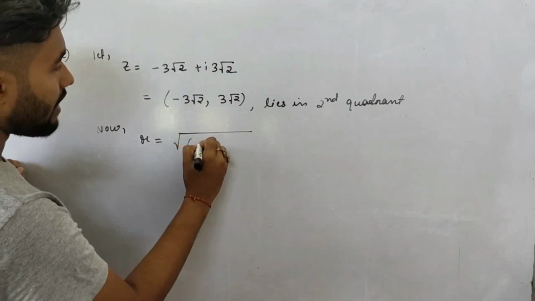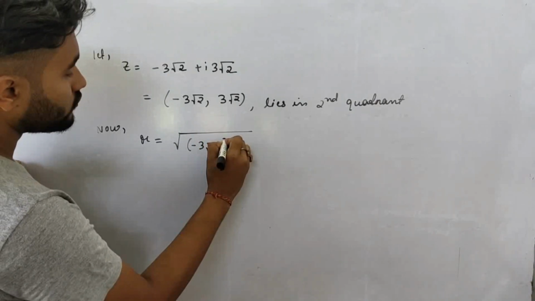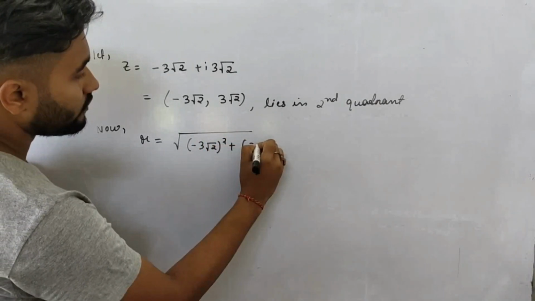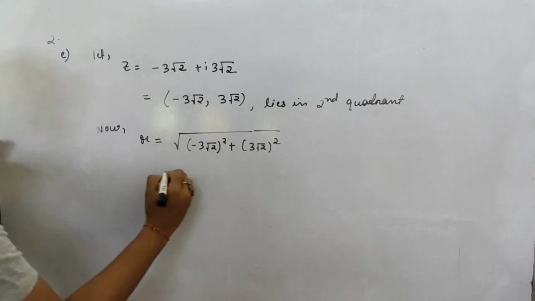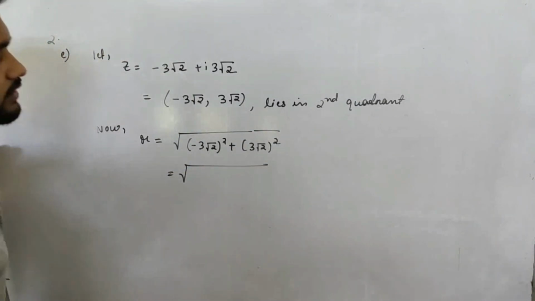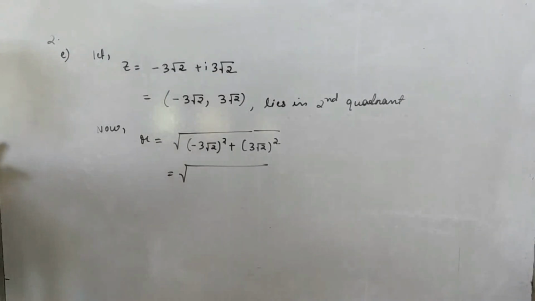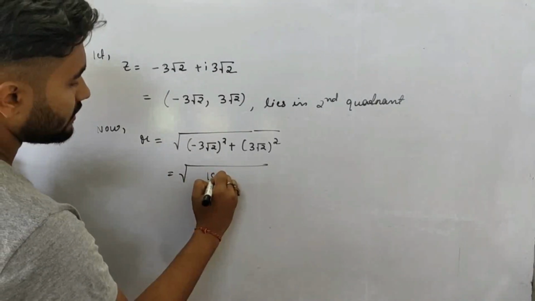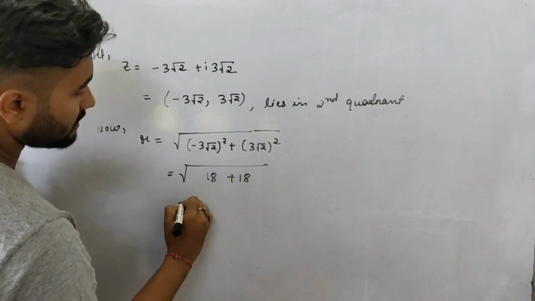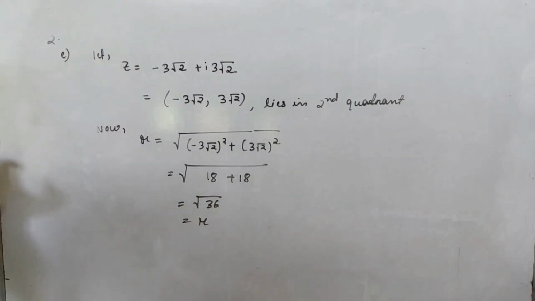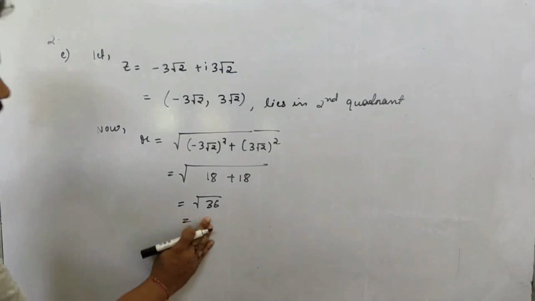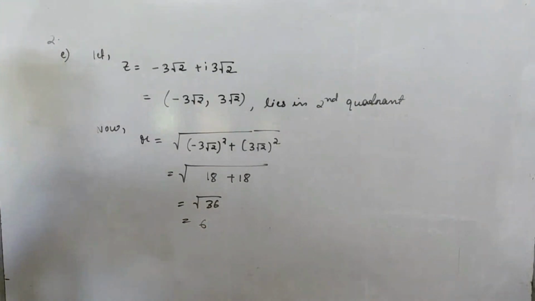That means minus 3 root 2 whole square plus 3 root 2 whole square. So which will be 3 square is 9, 9 times 2 is 18. So 18 plus 18 is 36. So what is the value of R? The value of R is 6.